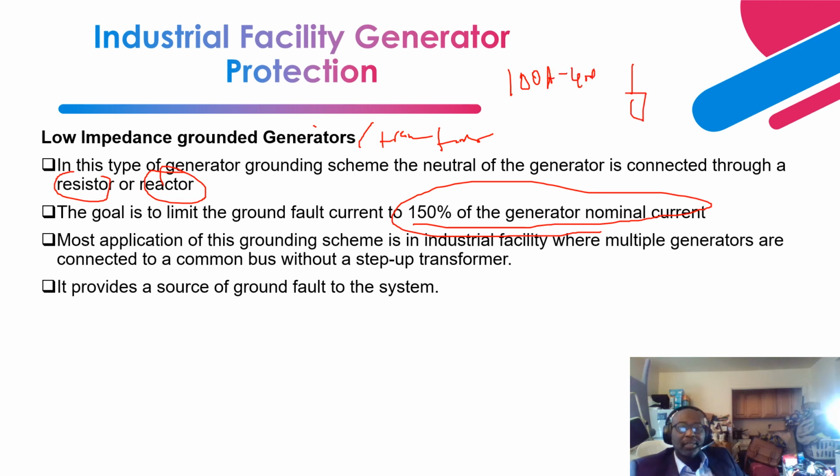So let's say this is the resistor or the reactor, and then the ground. The fault current flows through the resistor, and if this is the neutral of the transformer or the generator, what is left here should be between 100 amps and 400 amps, and most industrial facilities utilize 400 amps.